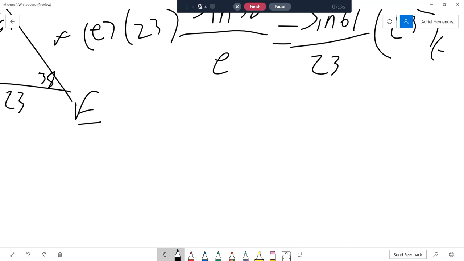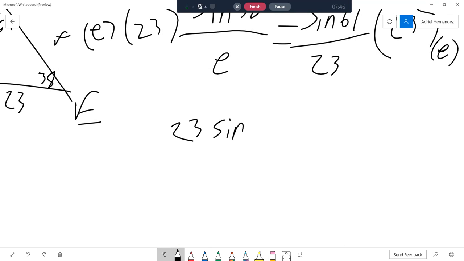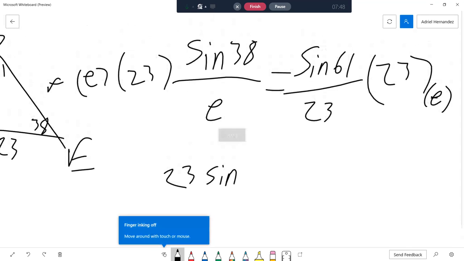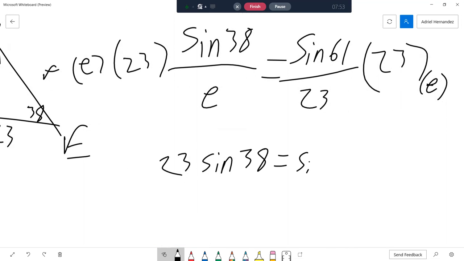I don't want to do too many steps. So essentially we'll get 23 sine of 38 equals sine of 61 times E.